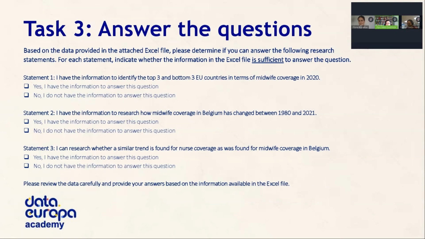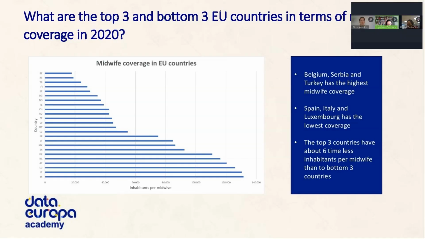So we are not going to do the analysis or make the graphs here, but I did prepare a possible answer to show you how it can be used to do an analysis. The first question was, what are the top 3 and the bottom 3 countries in terms of midwife coverage in 2020?